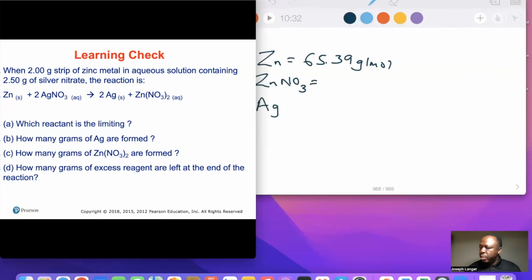Silver nitrate, we'll find that. 169.87 grams per mole.